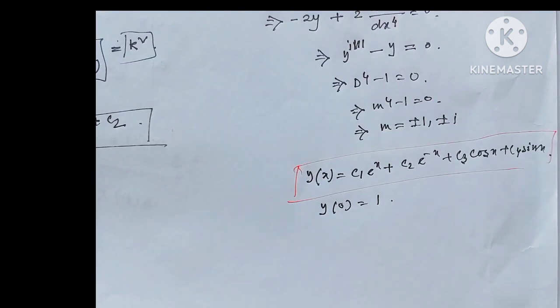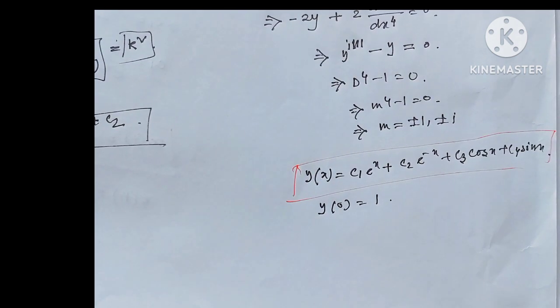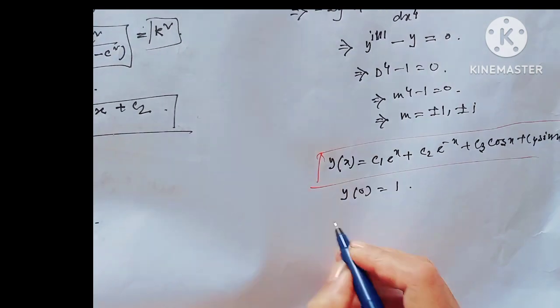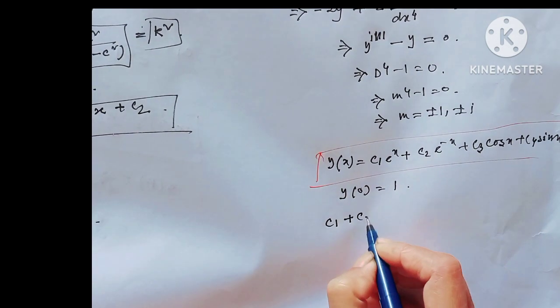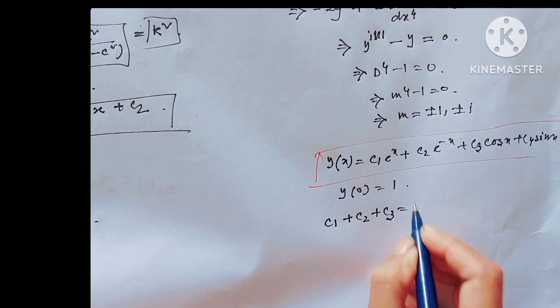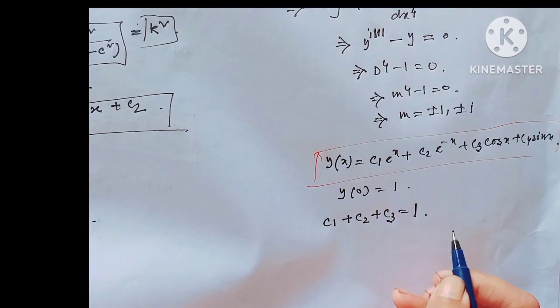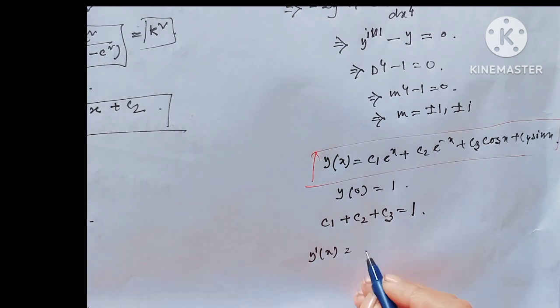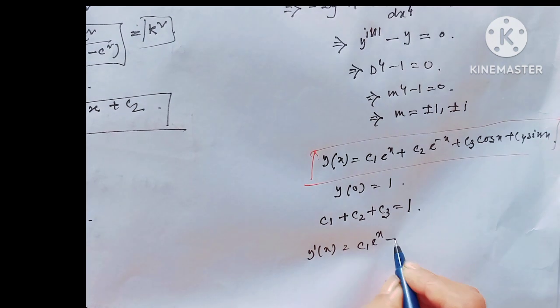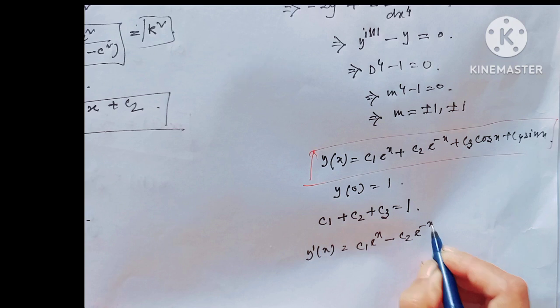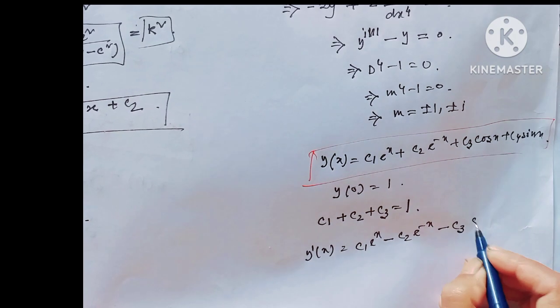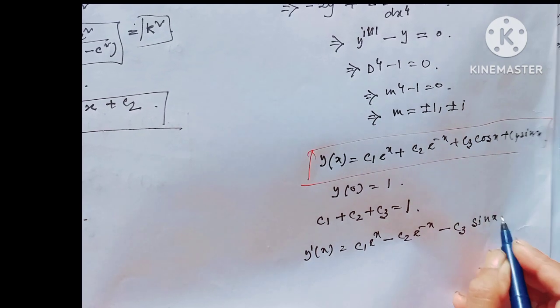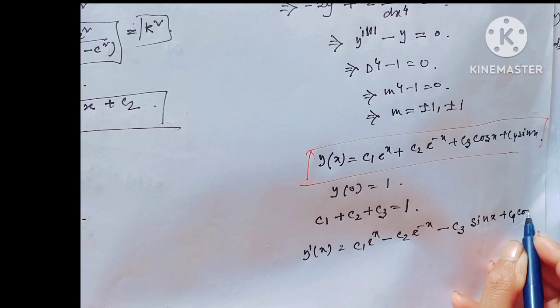And here the given condition y(0) equal to 1. That means c1 plus c2 plus c3 equal to 1. y'(0) equal to 1, and that means y'(x) equal to c1 e^x minus c2 e^(-x) minus c3 sin x plus c4 cos x.